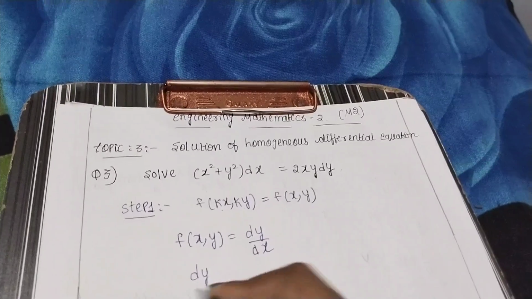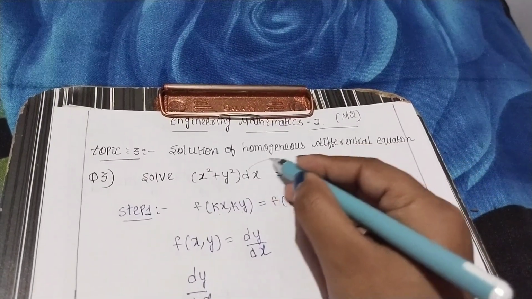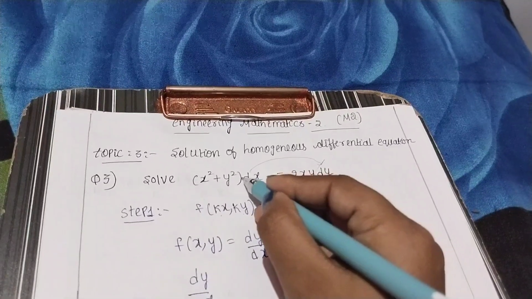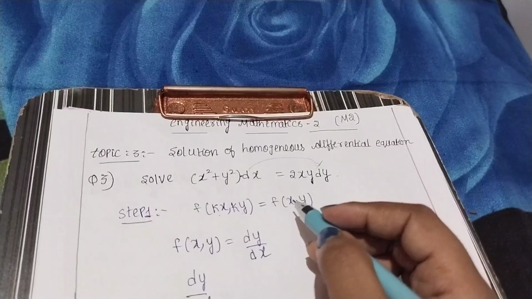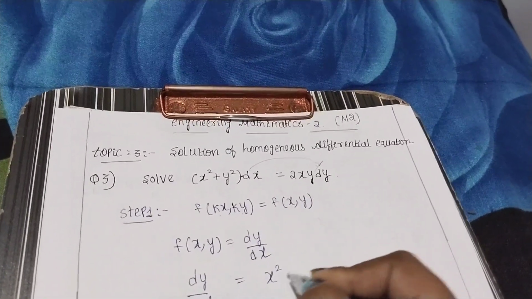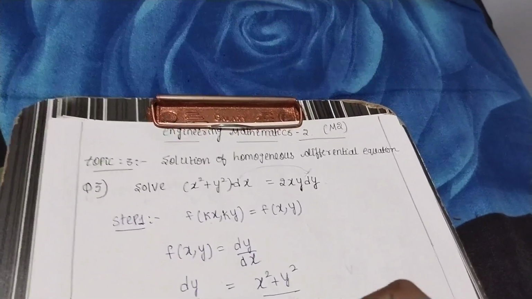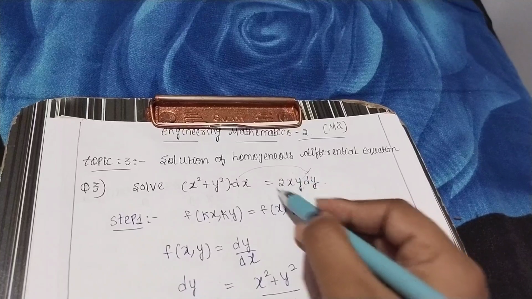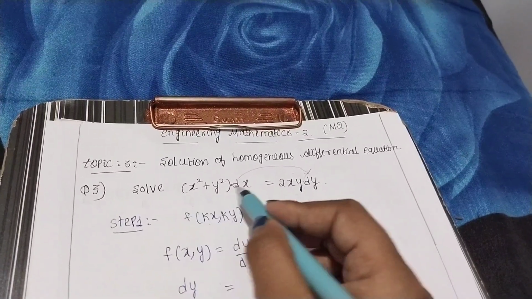Now dy by dx: this dx goes to the other side, and as it is multiplying here, it goes there and divides. So dy by dx is equal to x square plus y square divided by 2xy. As this term is multiplying here, it goes there and divides this term.